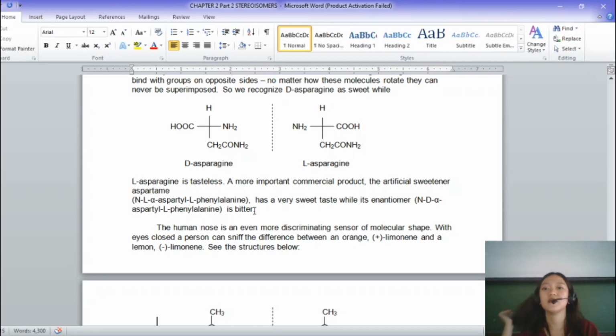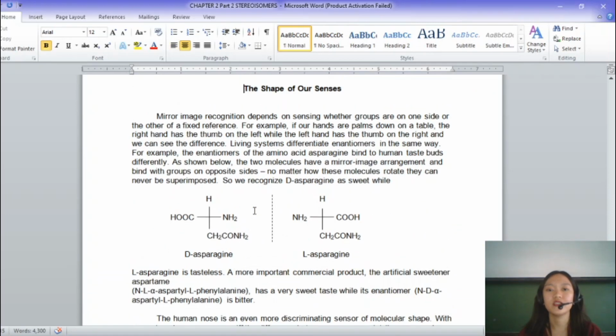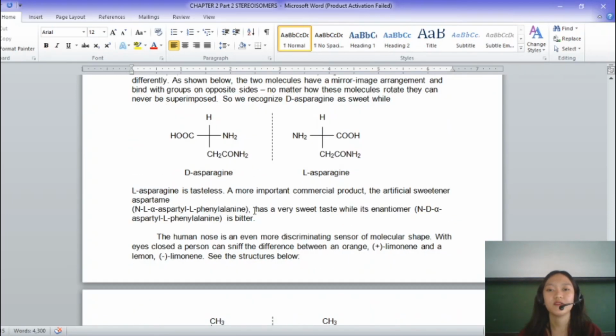So, in using our senses, for example taste, it will matter based on the type of isomer present, either left or right. So, the D-asparagine is sweet, while the other one is bitter.